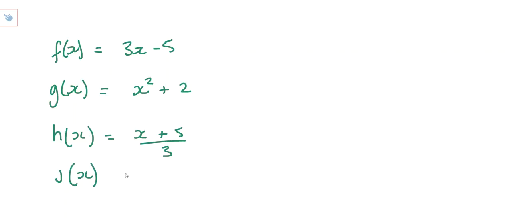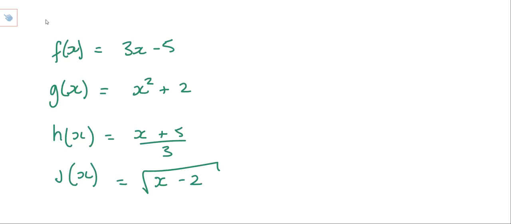And j of x equals, what shall I say? So I've got 4 individual separate functions. I'm sure you've spotted what I've done. Because they are 4 separate functions in their own right, we can graph them all.